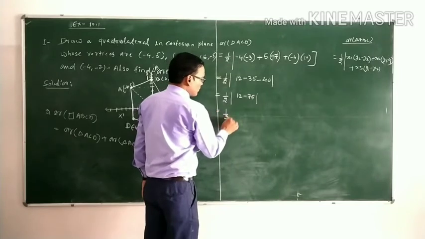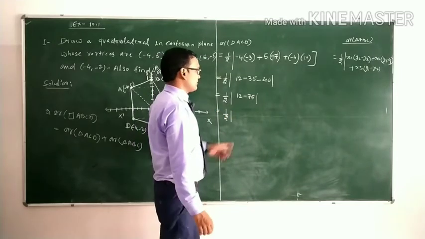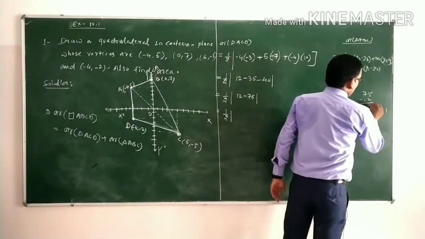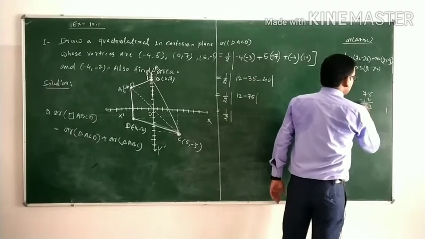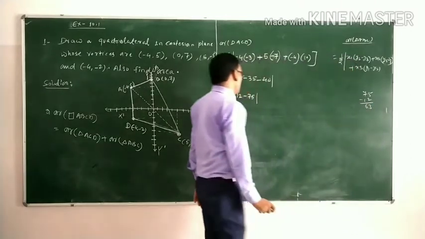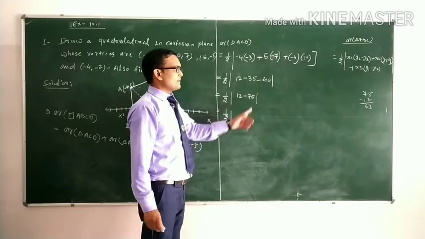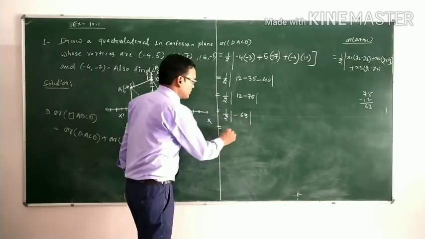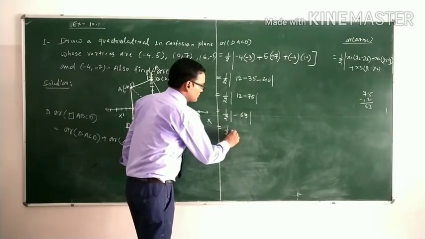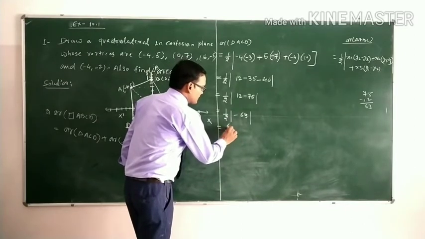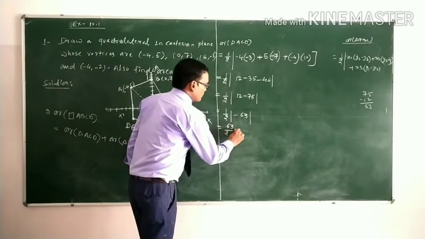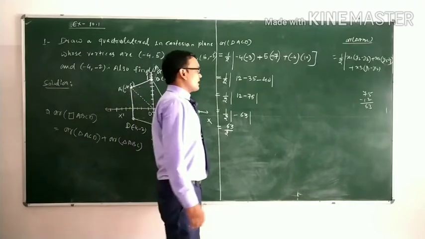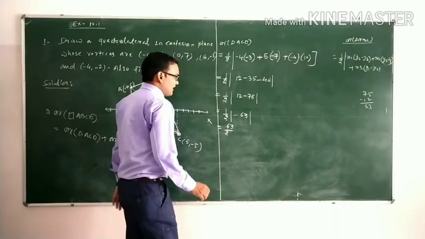This equals 1/2 mod of 75 minus 12, that is, the value of 12 minus 75 is minus 63. This equals 1/2 into 63, that is 63/2. Okay students, 63/2.